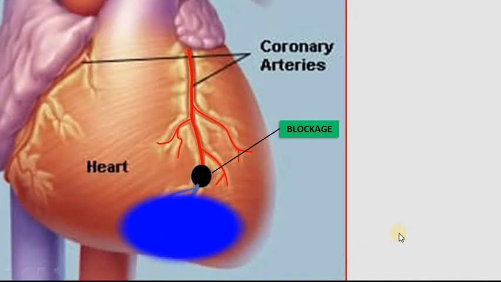This portion of the heart will be affected, and the myocardial tissues and cells will die here and go into necrosis, and this is what a heart attack is called.